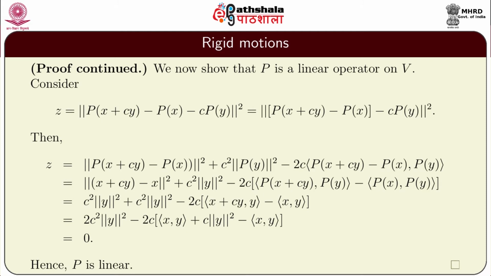We now show that P is a linear operator on V, and then we are done. Look at z equal to norm squared of P of x plus cy minus Px minus cPy, for vectors x and y and scalar c.